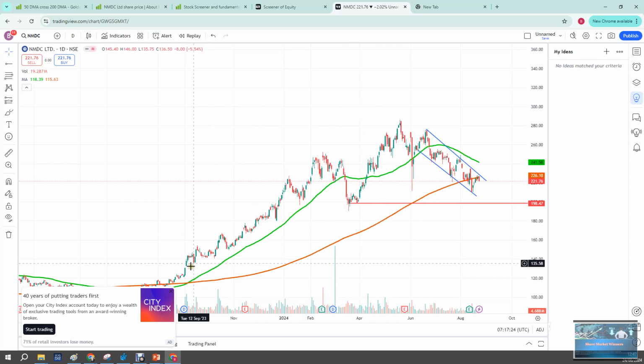From 121, until whenever it touches back, you can hold the position. You could easily retain almost 100 rupees on this stock.